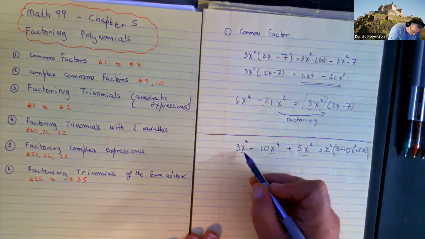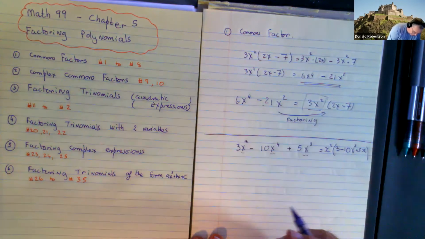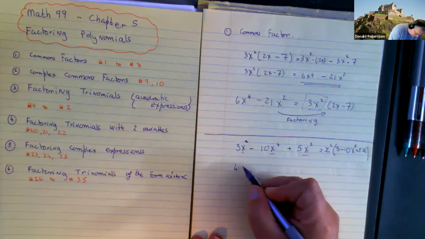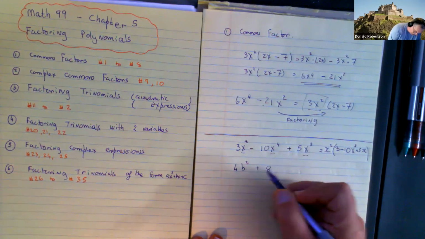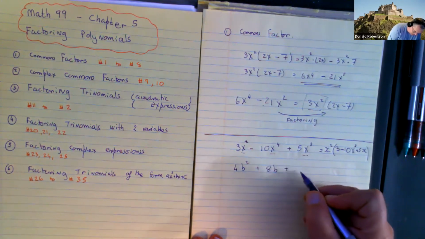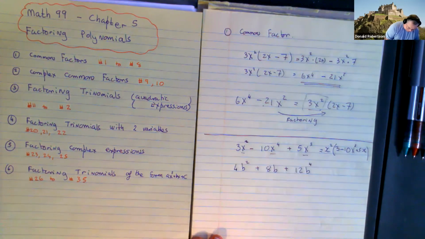Now, common factors can be single values. An x squared is like a single value, or you can get combinations of things. So how about 4b squared, 8b, and 12b to the 4.